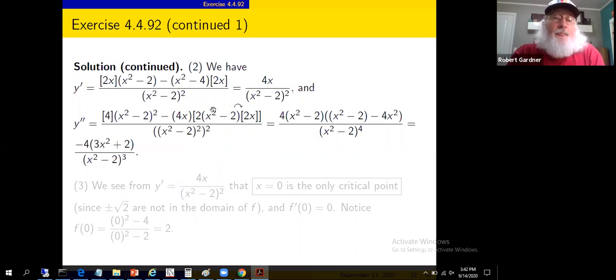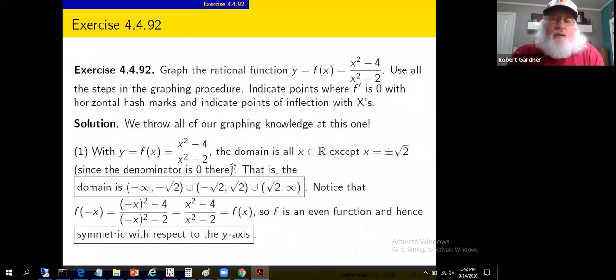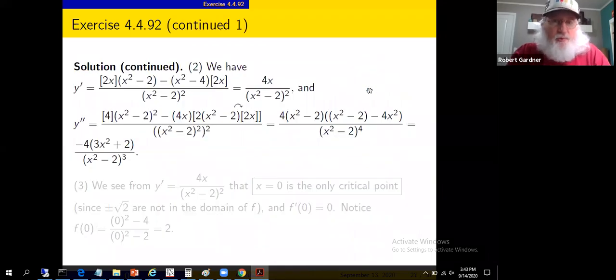Derivative. Okay. We had x squared minus 4 divided by x squared minus 2, right? Go back. We had x squared minus 4 over x squared minus 2. So, the quotient rule for the derivative: the derivative of the numerator times the denominator minus the numerator times the derivative of the denominator, over the denominator squared.